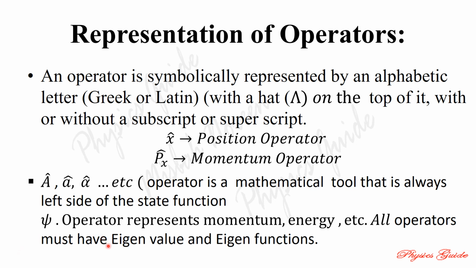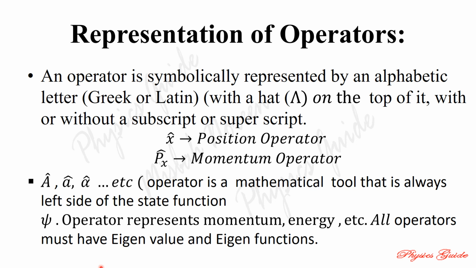Simply, lambda and energy and the Hamiltonian are also used for eigenvalues. We use lambda with the energy operators, and this is the eigenvalue, but we will discuss it completely in the next lectures. So this is the representation of operators.